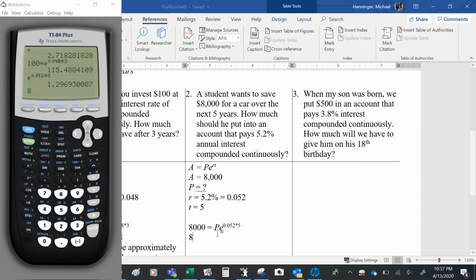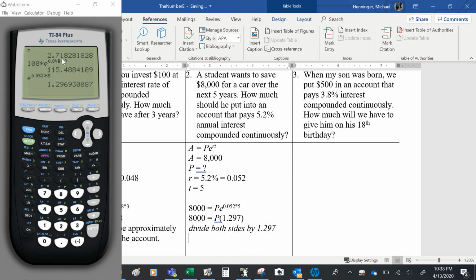So I have 8,000 equals P times about 1.297. Now I want to get that principal investment all by itself. So we divide both sides by 1.297.